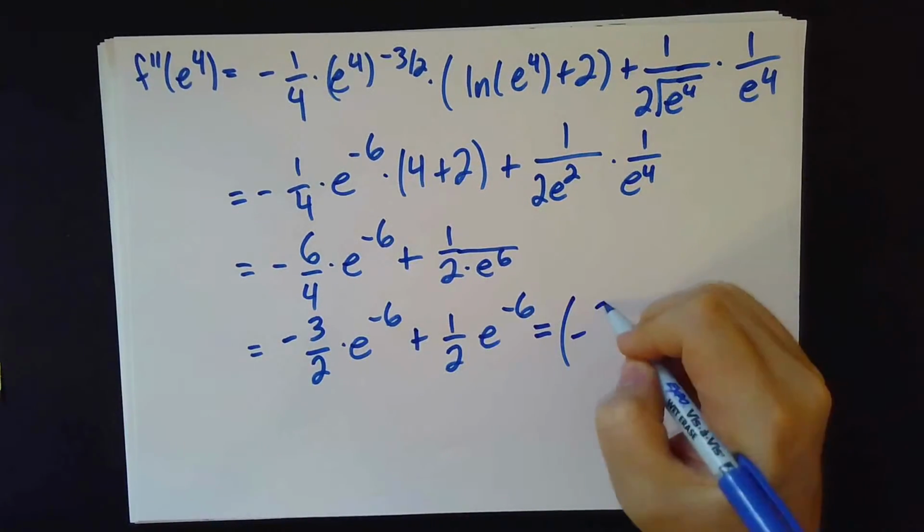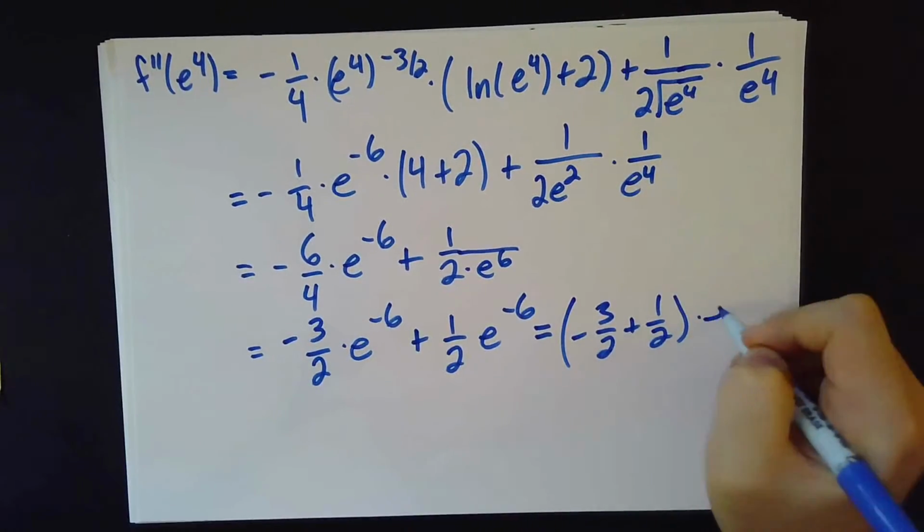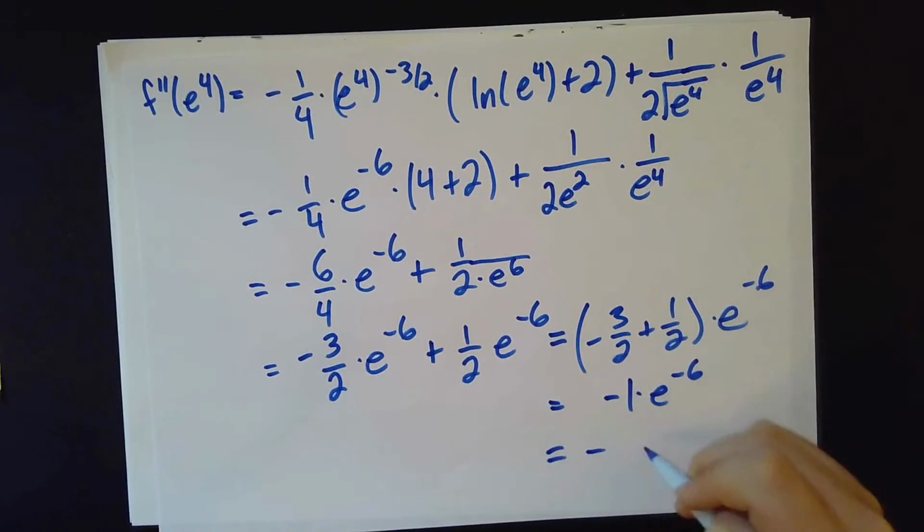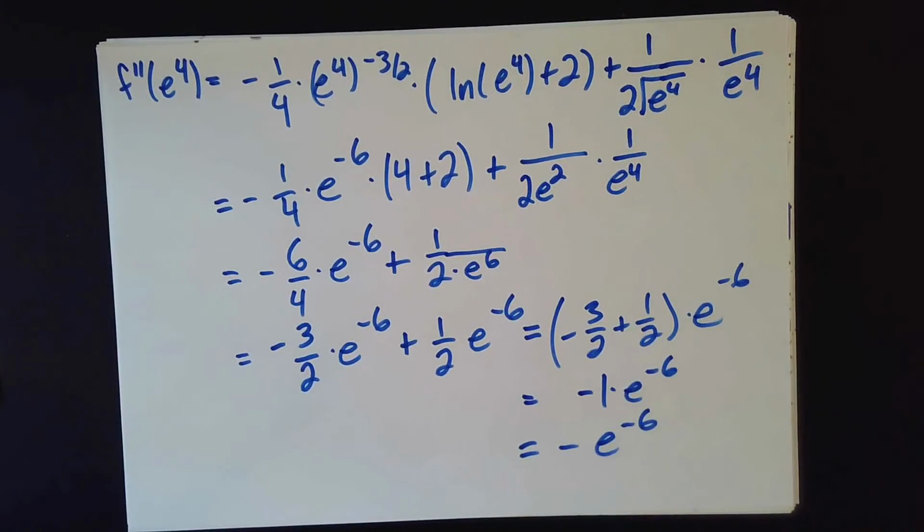And so this is minus 3/2 plus 1/2 times e to the minus sixth, which is minus 1 times e to the minus sixth, which is minus e to the minus sixth. That will do it.